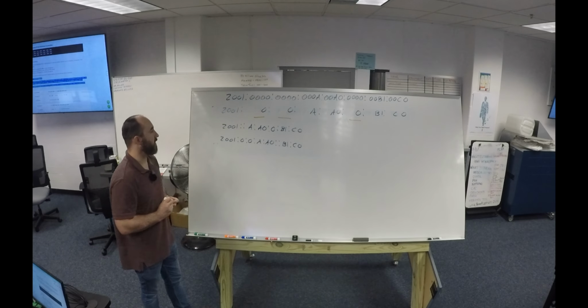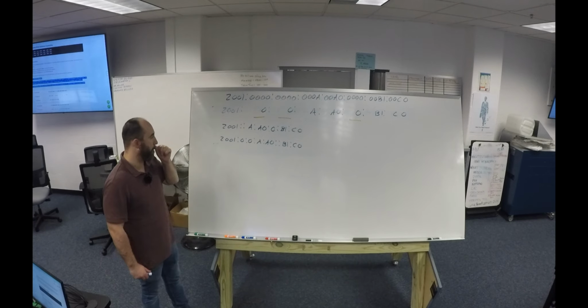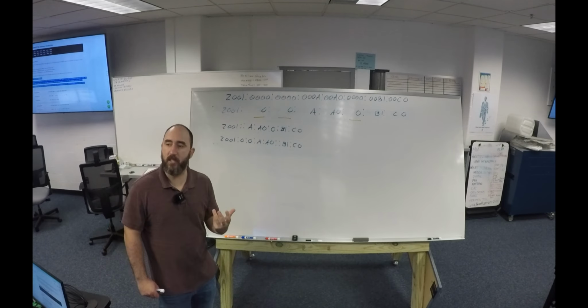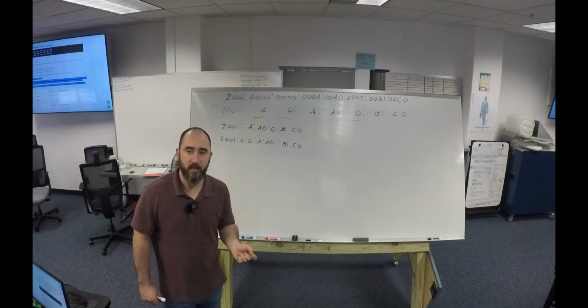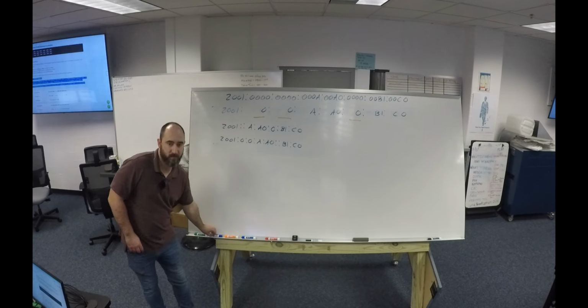Now, technically, this first one is shorter, right? So this one's going to be more correct. But you could do either or. Do we want to see why we can only do the double colon once? You all want to write this down? Okay. Let me get some water.